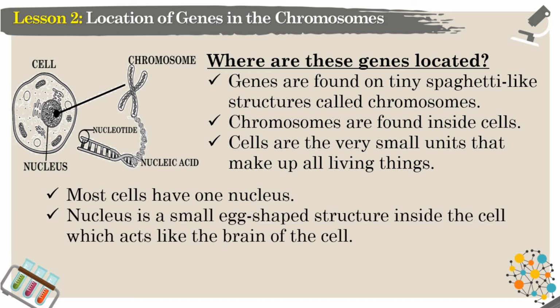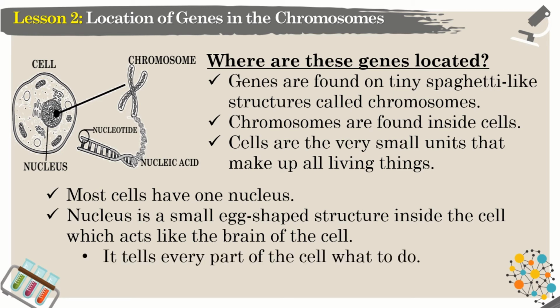And we said that the nucleus acts as the brain of the cell, wherein it is the one who tells the different parts of the cell what to do, because it serves as the brain of the cell.